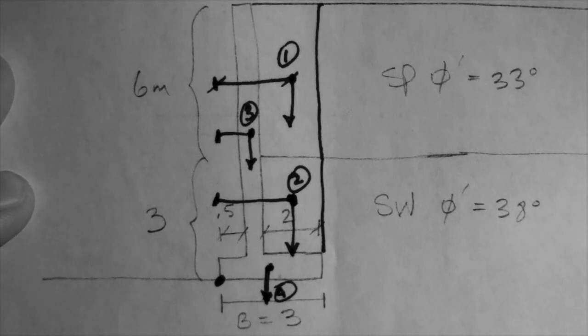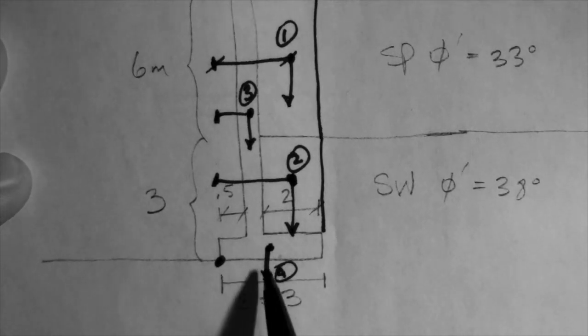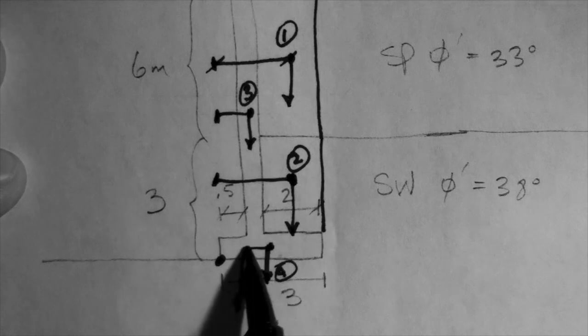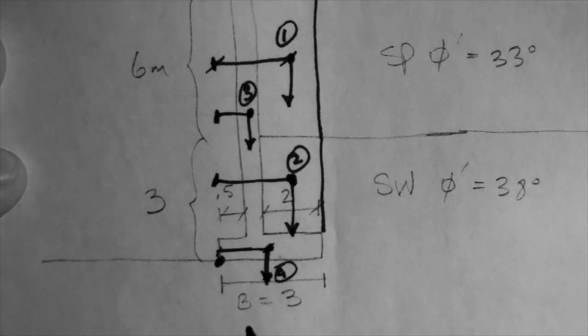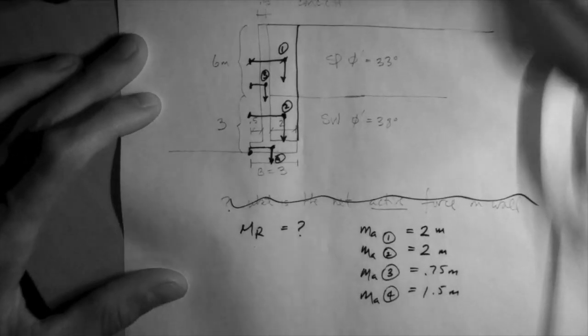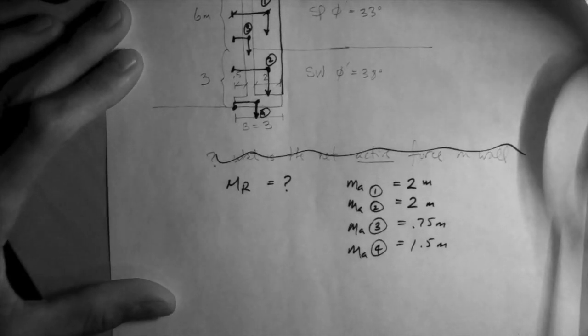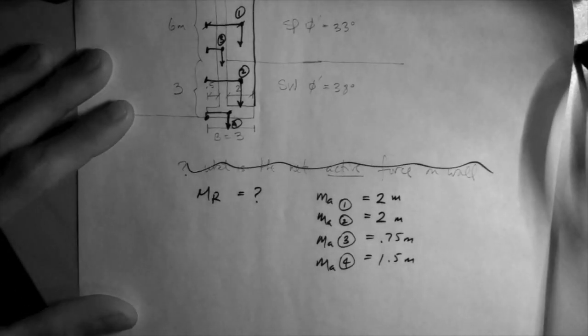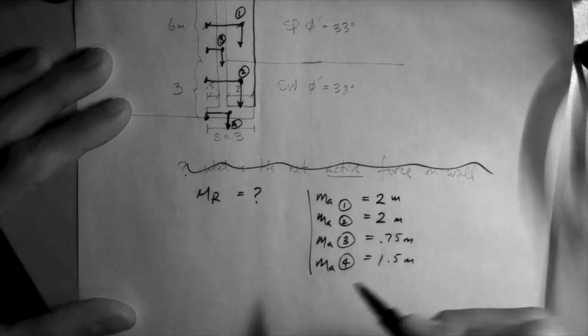And moment arm 4 for the footing is half of B. Here's the moment arm. Yep, half of B is 1.5 meters. So these are the moment arms.